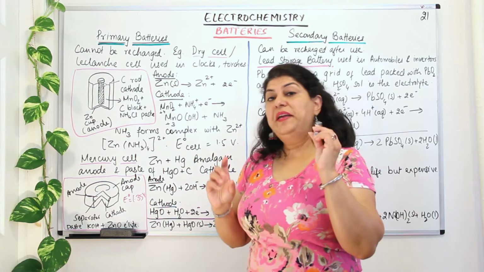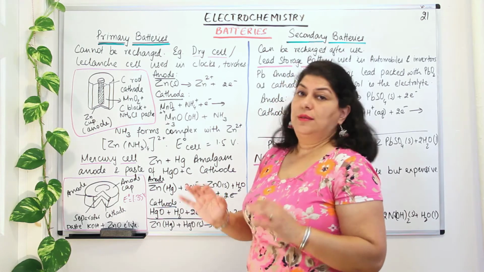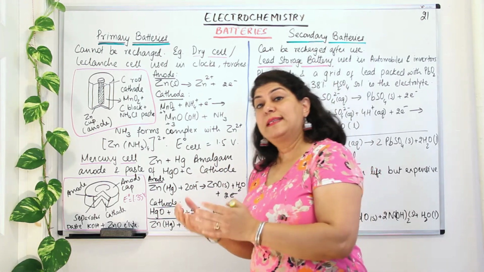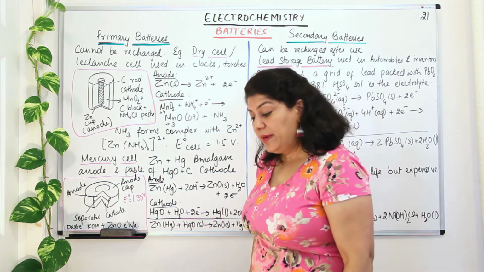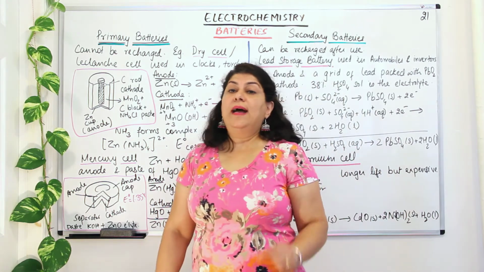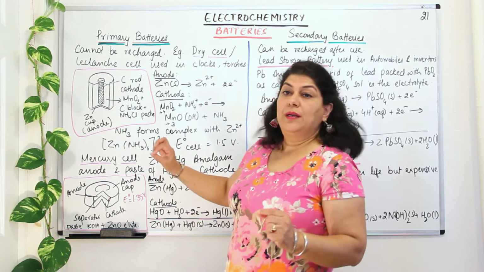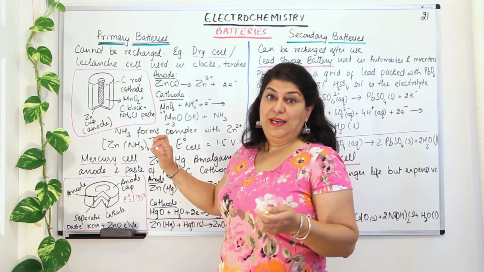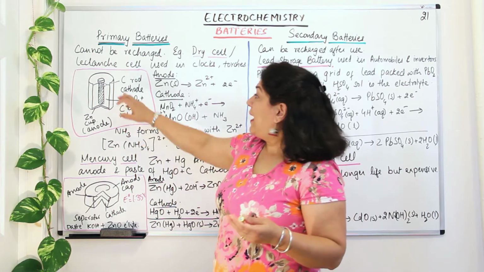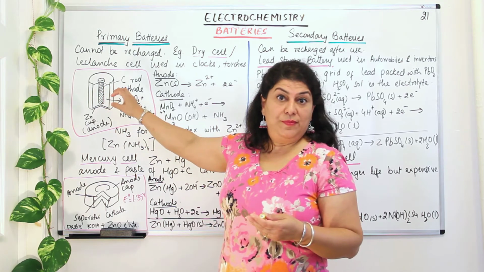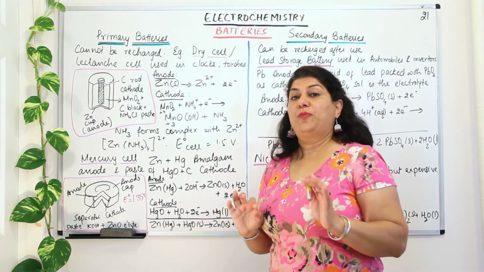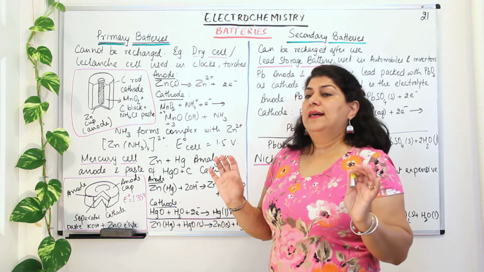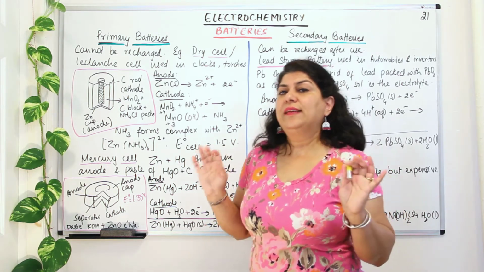Now, there is one very important thing to know about the difference between an electrolytic cell and an electrochemical cell or battery. You remember in electrolysis I told you that the anode is the positive electrode, and the cathode is the negative electrode. And how did we define the cathode and the anode?